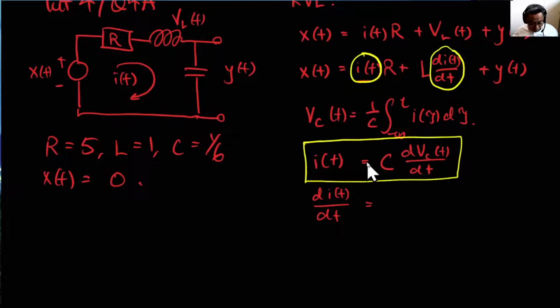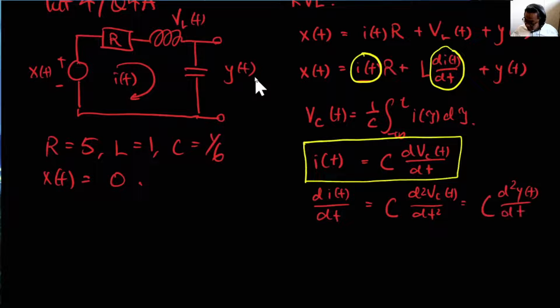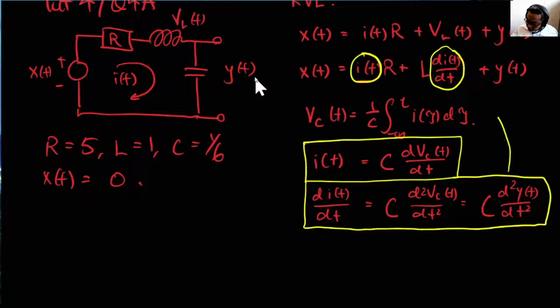So basically it's C d2v_C(t)/dt squared. But v_C is across this capacitor, which is y. So this is the equation that we want. Now we have a way to capture these two equations.